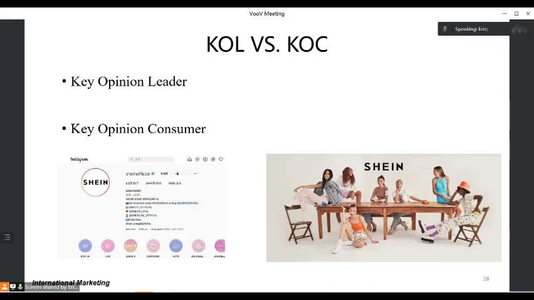So if you often try products and share your experience, you are a key opinion consumer. You are not a celebrity, but you have the followers. You can influence some consumers. So this is called key opinion consumers.